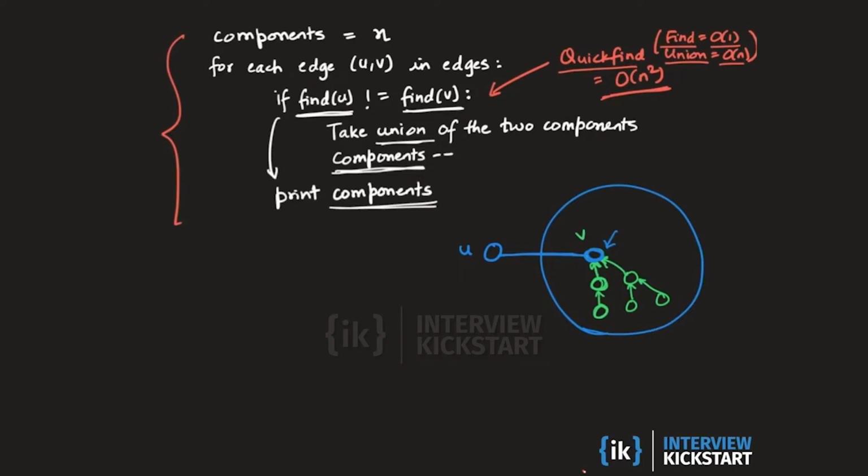Now we haven't explicitly changed the component ID of, say, this vertex, but if we were asked what is the religion that you are following, this vertex would say, well, I'm just following the religion of my father. And if we go to the father of that vertex and ask what religion he is following, he would point me to the king. He would say, I'm just following whatever religion the king is following.